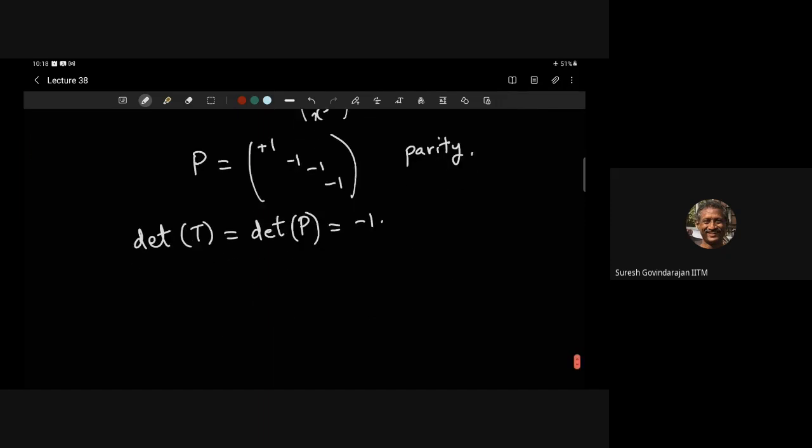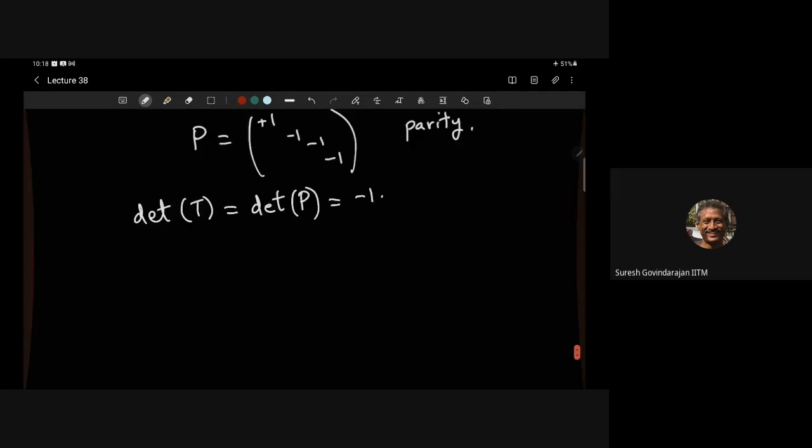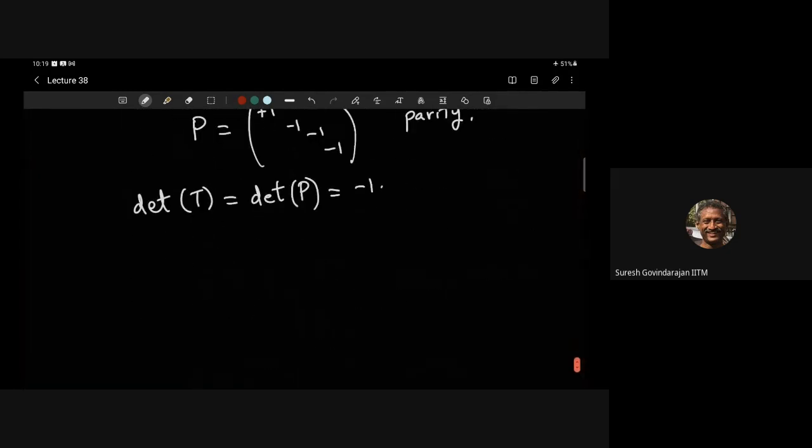Okay. So you can see that P times T, or T times P, belongs to SO(1,3), because the determinant of P is -1 and the determinant of T is -1, so the product has determinant 1.